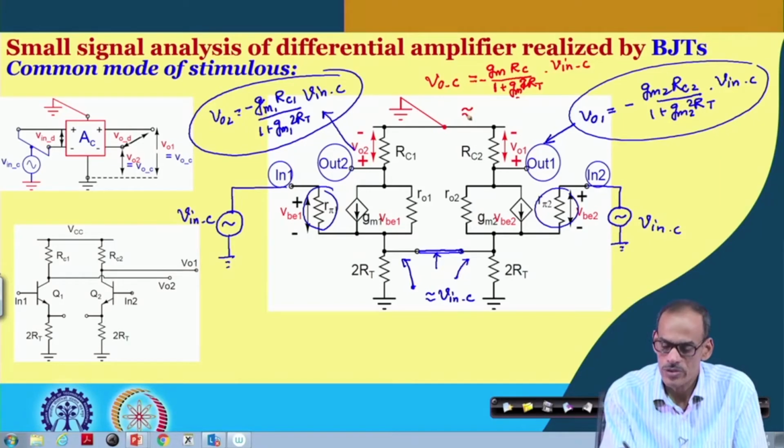That will be equal to minus RC divided by 2 RT into V in C.